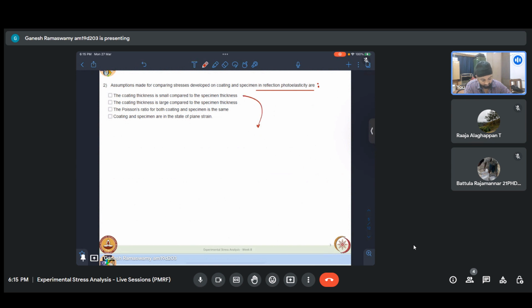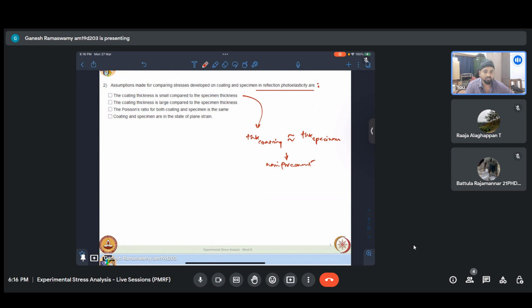We just saw that if coating thickness is comparable, is equal to the specimen thickness, then we have reinforcement effect that is coming in.